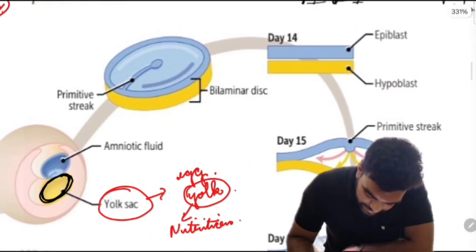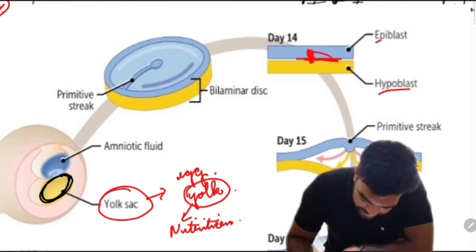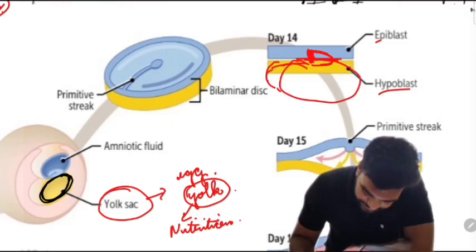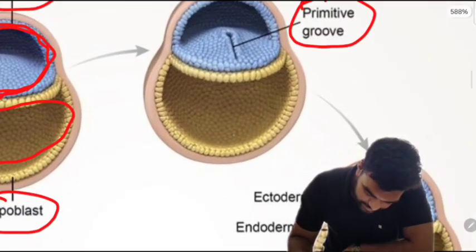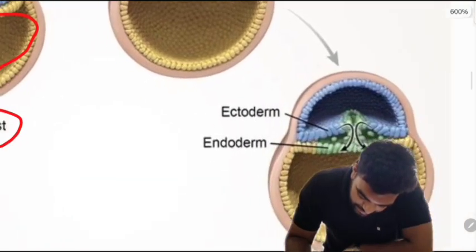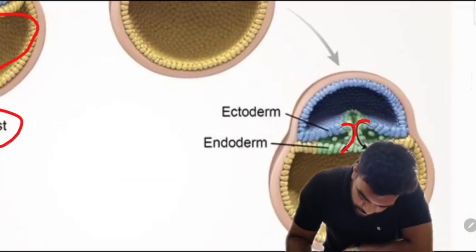Basically one opening has occurred. Epiblast is there, hypoblast is there, one opening groove is there. Through this groove there is migration. The epiblast cells start to migrate towards the hypoblast. Here was the yolk sac, right? This epiblast starts to migrate towards the hypoblast.